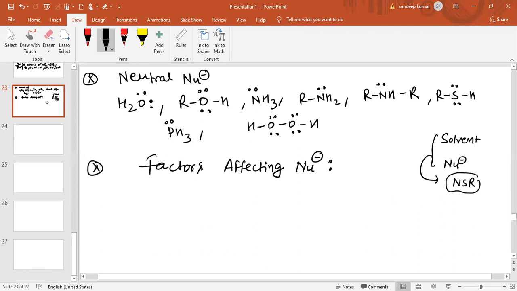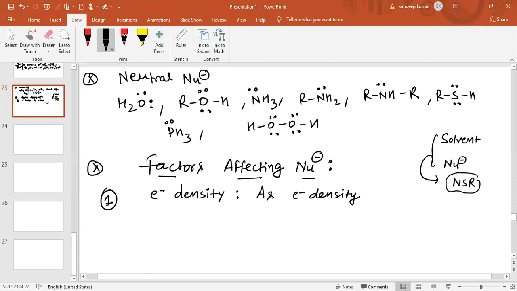The first factor affecting nucleophile is electron density. We can easily say, as electron density increases, nucleophilic strength also increases.